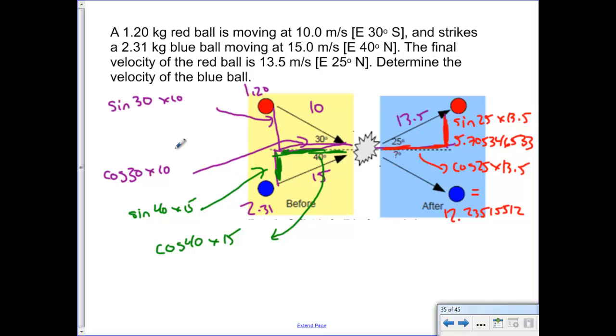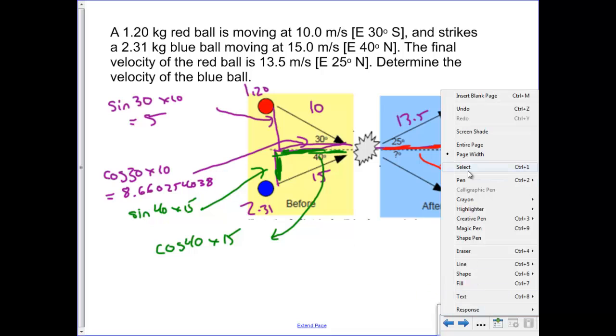Sine 30 times 10. Oh, that one's nice. That's 5. Cosine 30 times 10 is 8.66.